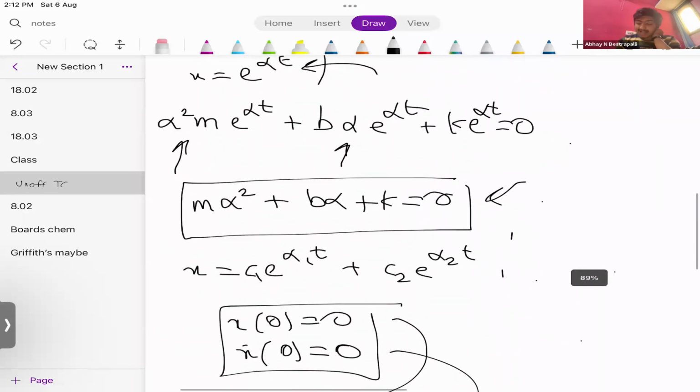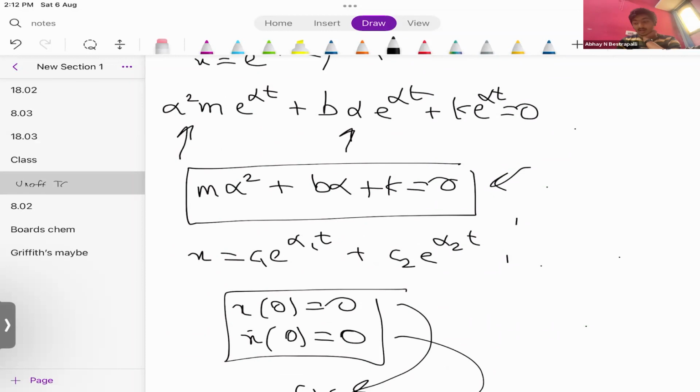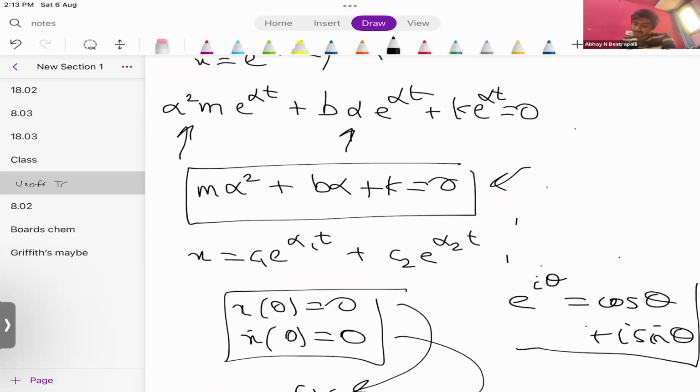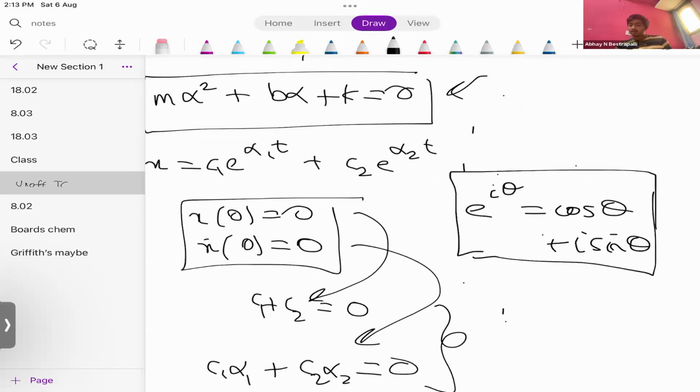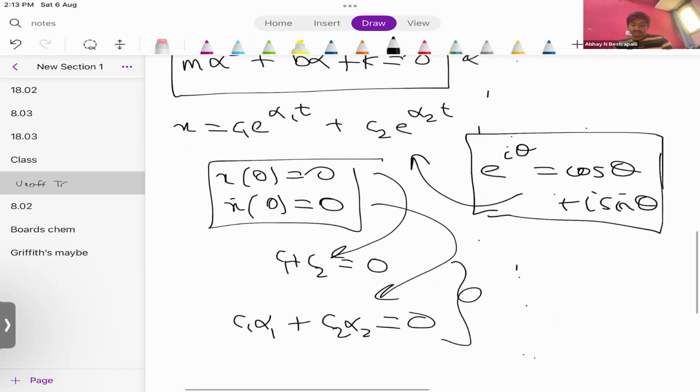Also, alpha 1 and alpha 2 need not be real. In the case that they're imaginary, you know that e to the power i theta is equal to cos theta plus i sin theta. So you can use this, and instead of the solution being in the form of exponentials, you'll get something in the form of cosines and sines if alpha 1 and alpha 2 are imaginary.